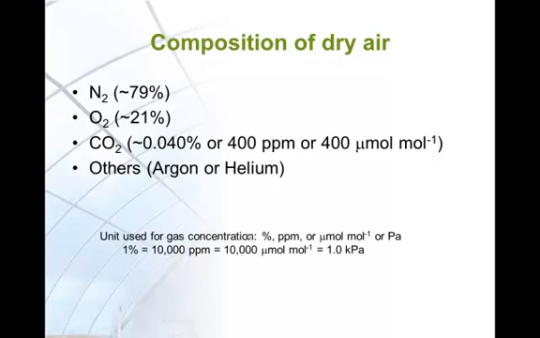So here is the unit conversion as a reference: 1% equals 10,000 parts per million, and that's the same as micromole per mole. So this is 10,000 micromole per mole, and kilopascal depends on the total pressure, but under 101 kilopascal atmospheric pressure, 1% is 1.0 kilopascal.